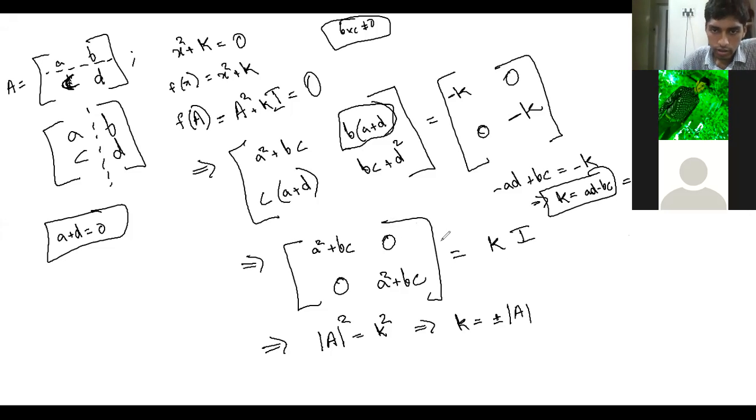One second, actually. The mistake I made here is it should be minus k. That is the mistake I made first of all. But then if I take mod on both sides, determinant of a square will be equal to minus k, minus k.